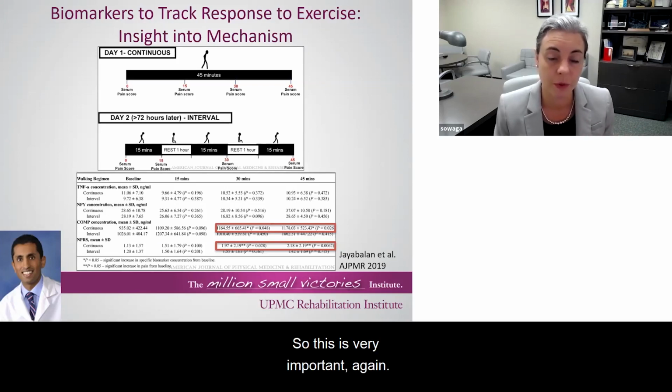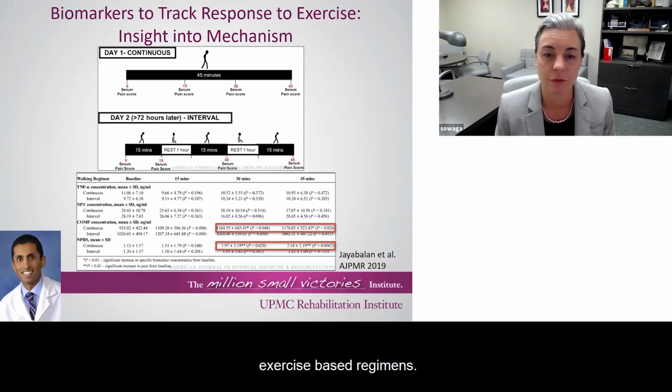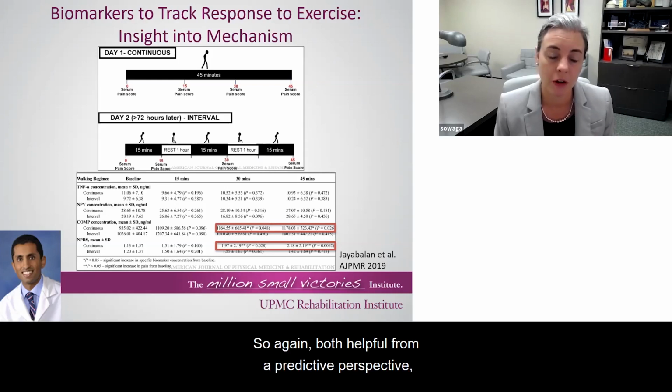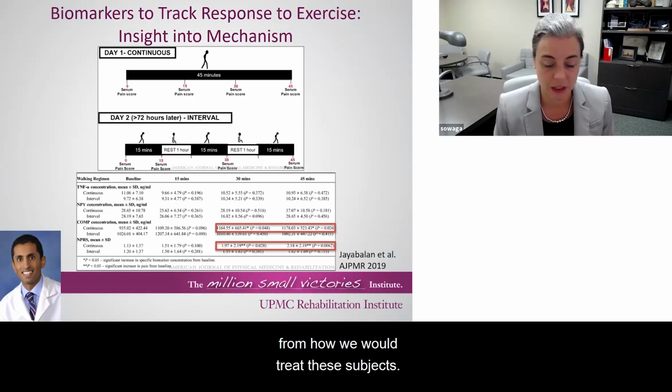So this is very important, again, both helpful in terms of thinking about how we mechanistically might be able to titrate exercise-based regimens to limit harmful effects that might be seen from mechanical loading. So again, both helpful from a predictive perspective, but also potentially mechanistically from how we would treat these subjects.